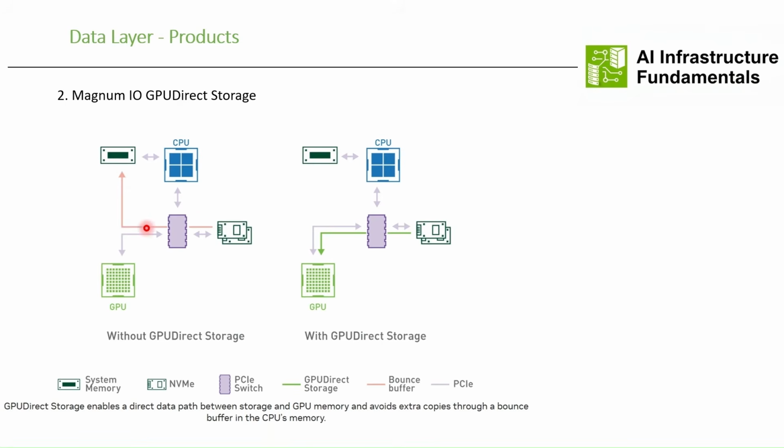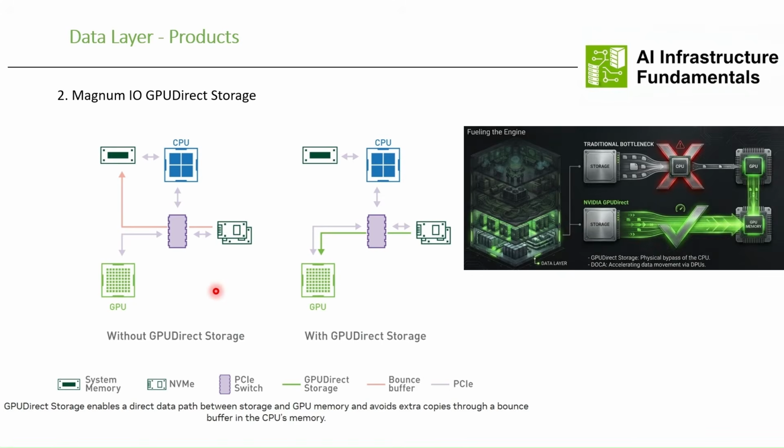So this introduces latency, but with GPU Direct Storage there is no need for this hop. The data can go directly to the GPU, as you can see with this green arrow, and that's what it's written here. GPU Direct Storage enables a direct path between storage and GPU memory and avoids extra copies through a bounce buffer in the CPU's memory. The same thing is illustrated by this diagram.